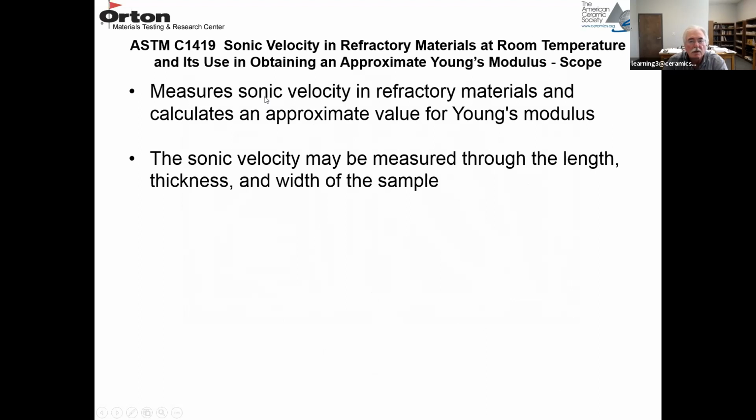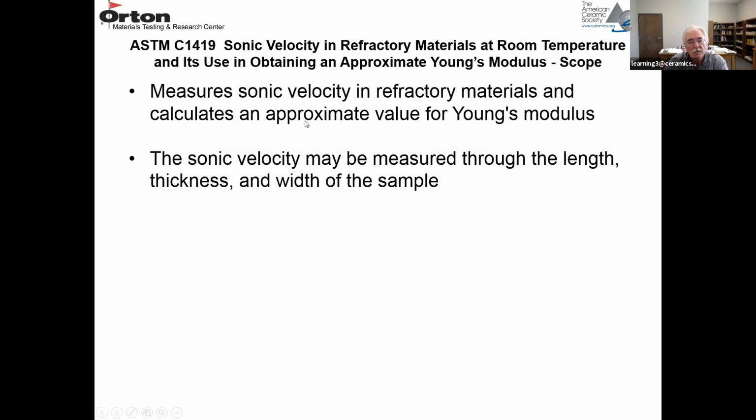So there's several ways that we can measure the elastic properties. This first one is ASTM C1419. It's a sonic velocity method, and it gives you an approximate Young's modulus. It's not an exact value because you're estimating a Poisson's ratio in this test.